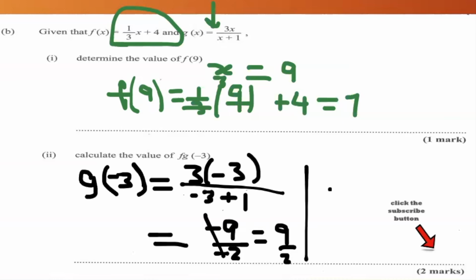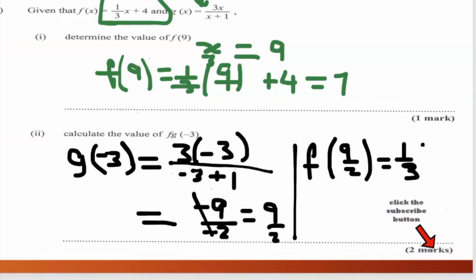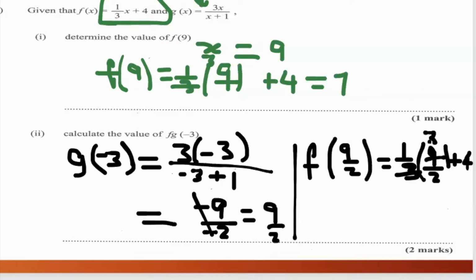This result that I have, I am going to substitute into f. So I have f(9/2) equal to 1/3 times 9/2 plus 4. Now we can do some cancellation. 3 into 9 goes 3 times.